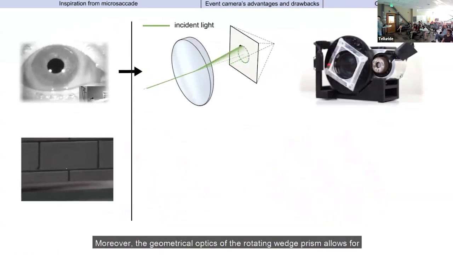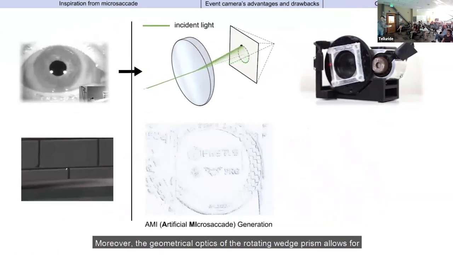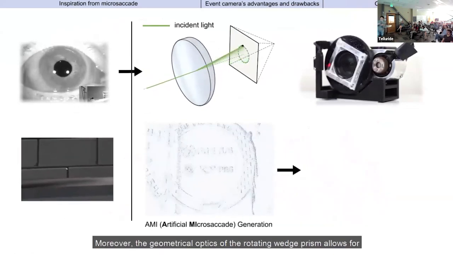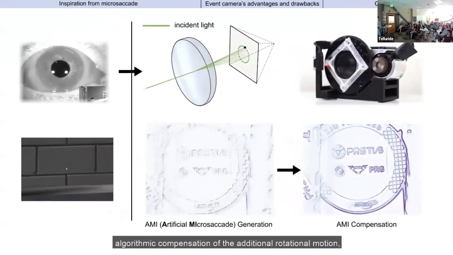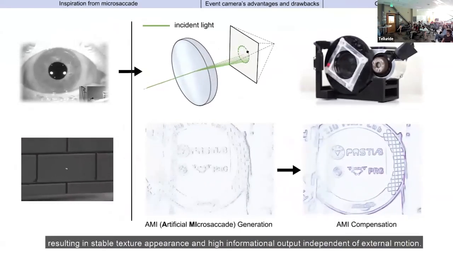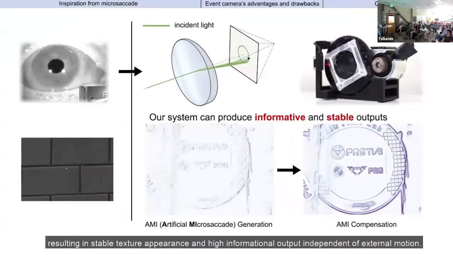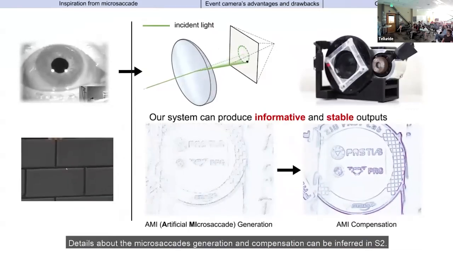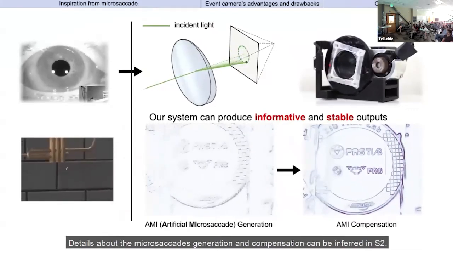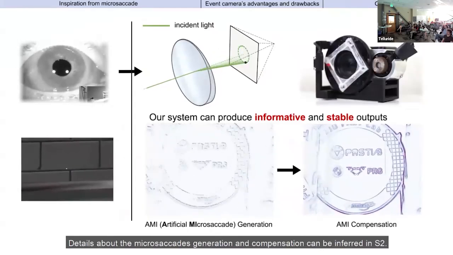When it rotates, just like moving the eyeball, we actively jitter events. And we can perceive the rotation using the encoder of the actuator, so that we can compensate the generated motion and get very sharp edges. And the angle of the wedge determines how big the circle is on the focal plane.